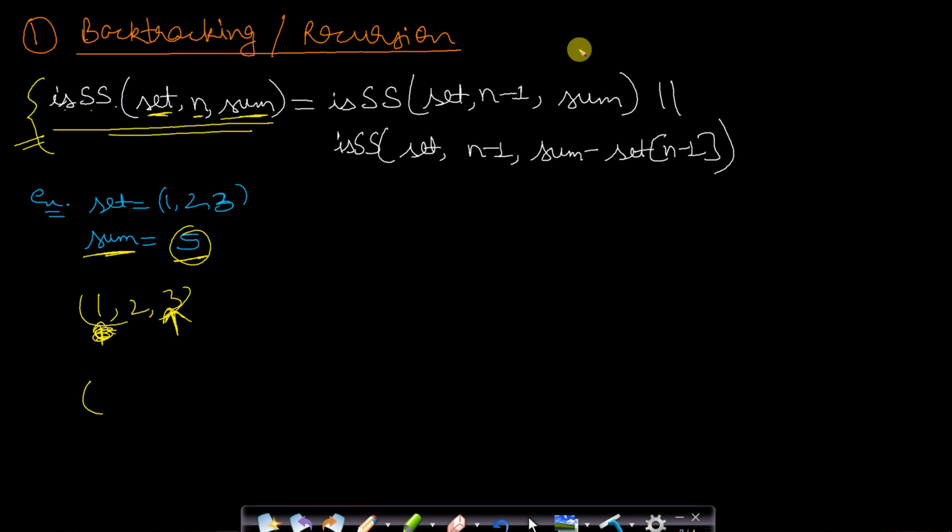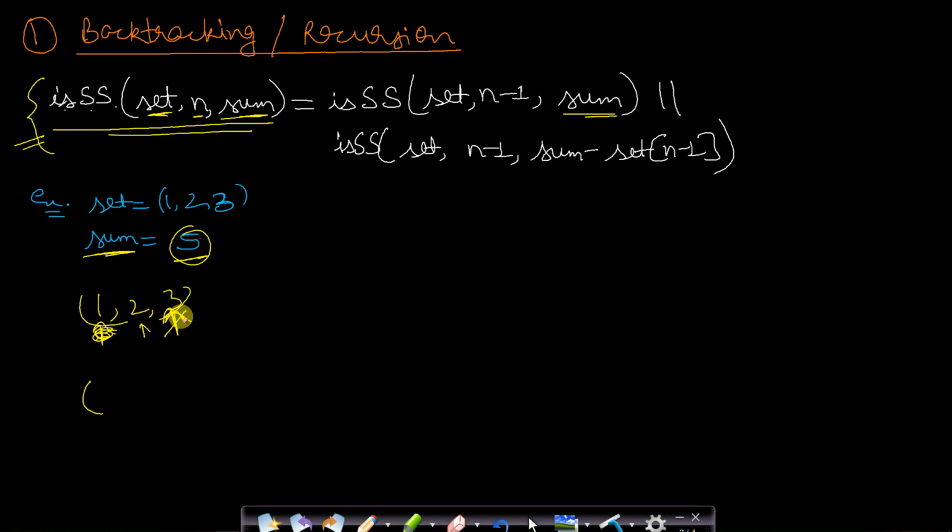If we are excluding this element, then what will happen? We will move on to the previous element, so we will decrease the number of elements by 1. That is why we have written n minus 1, while the sum will still be the same because we have not included this element.